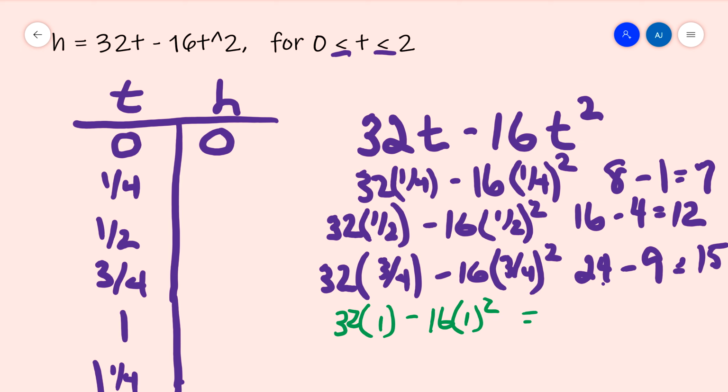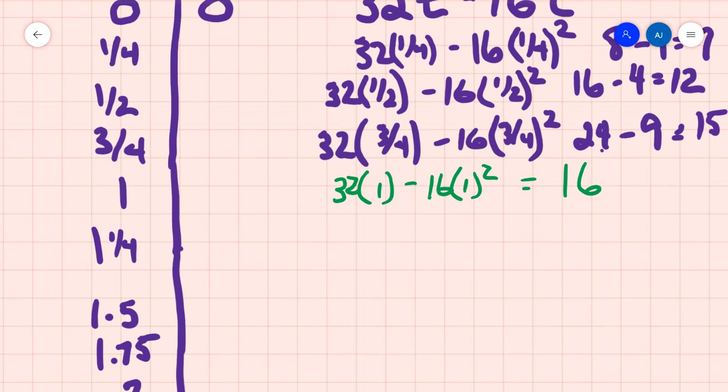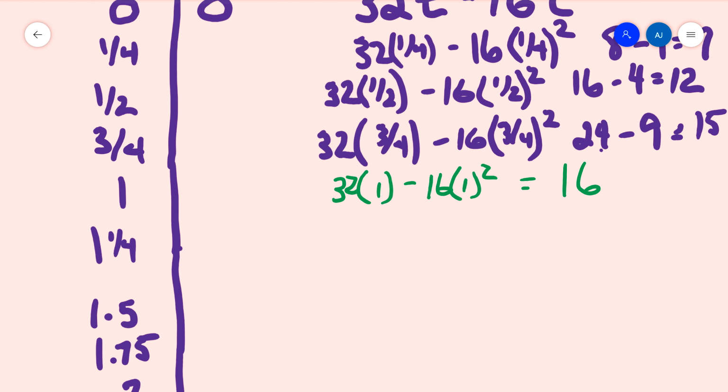It's 32 minus 16, which is 16. Okay, then we've got 1 1/4. Now I don't want to use 1 1/4. I want to change that to an improper fraction, so that equals 5/4. This one's 3/2, since 1 1/2 is 3/2.